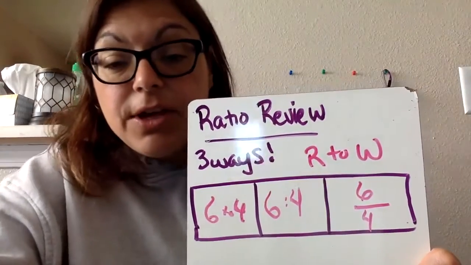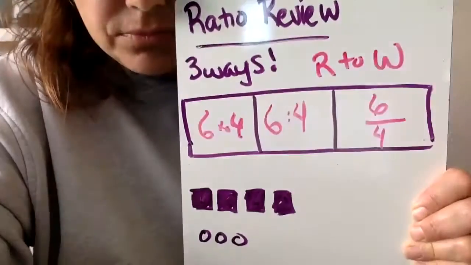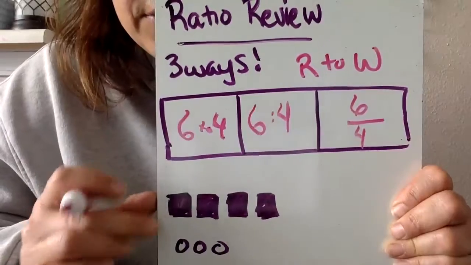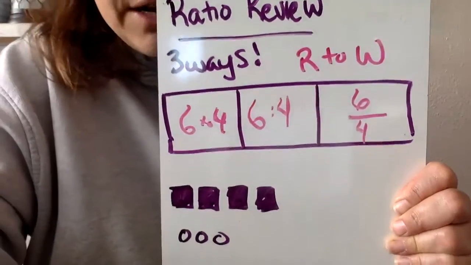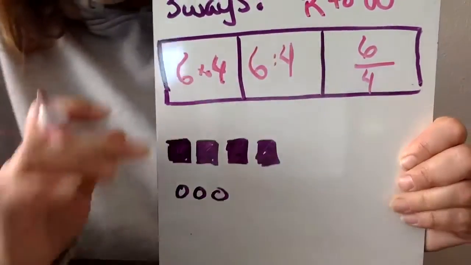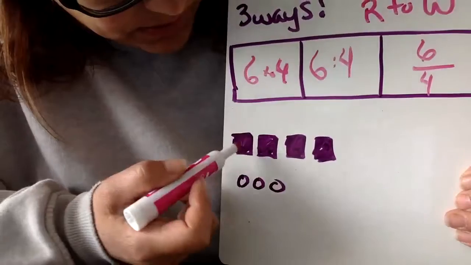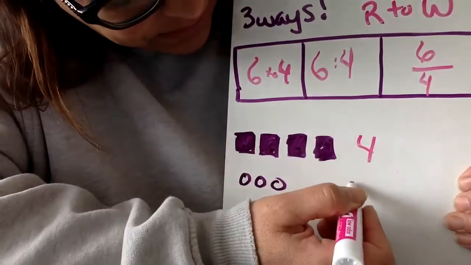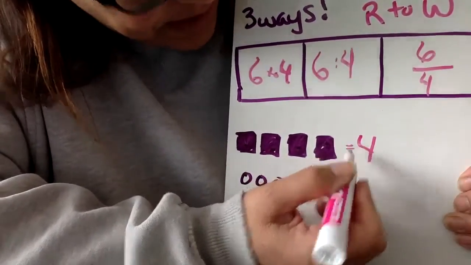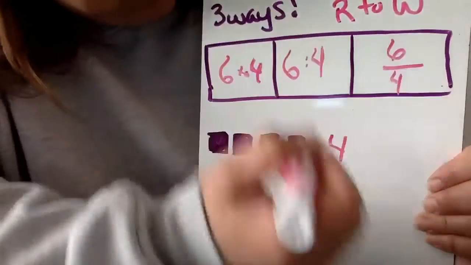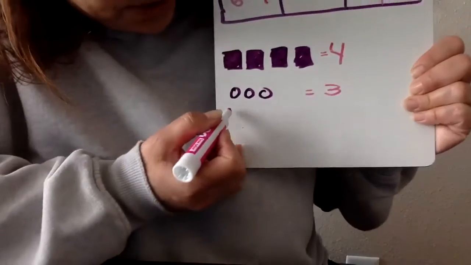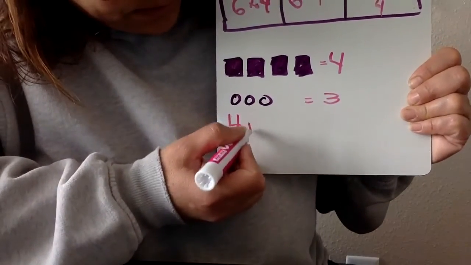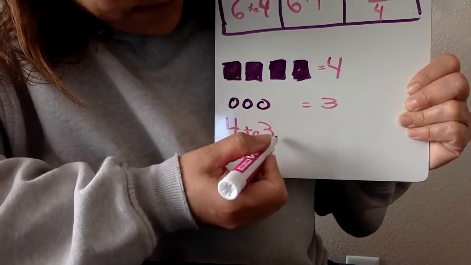All right, so now let's look at another one. We have squares to circles. So how would we write squares to circles? We have squares, which is 4, and circles is 3. One way we would write it, just like we did up here, is 4 to 3.